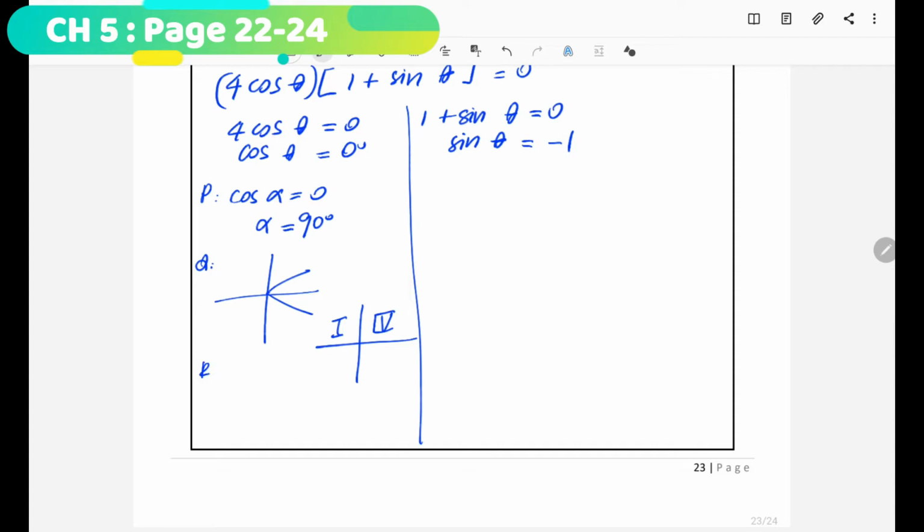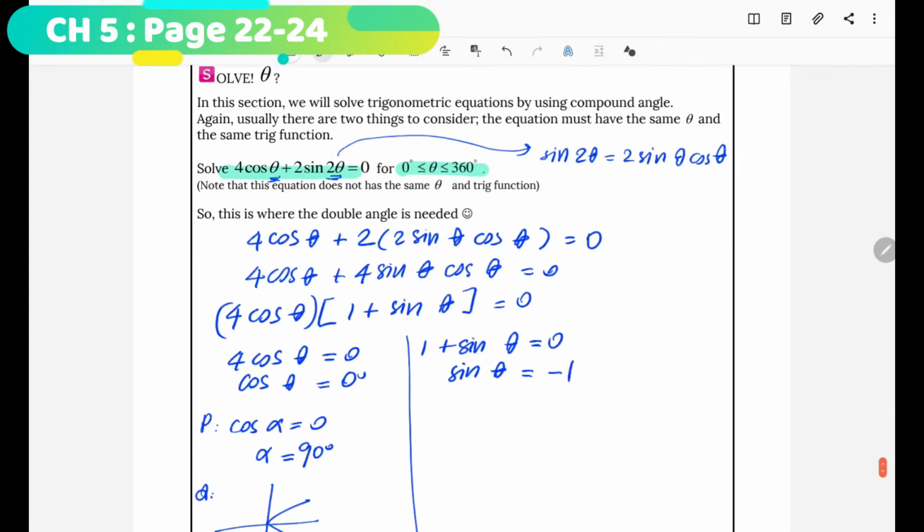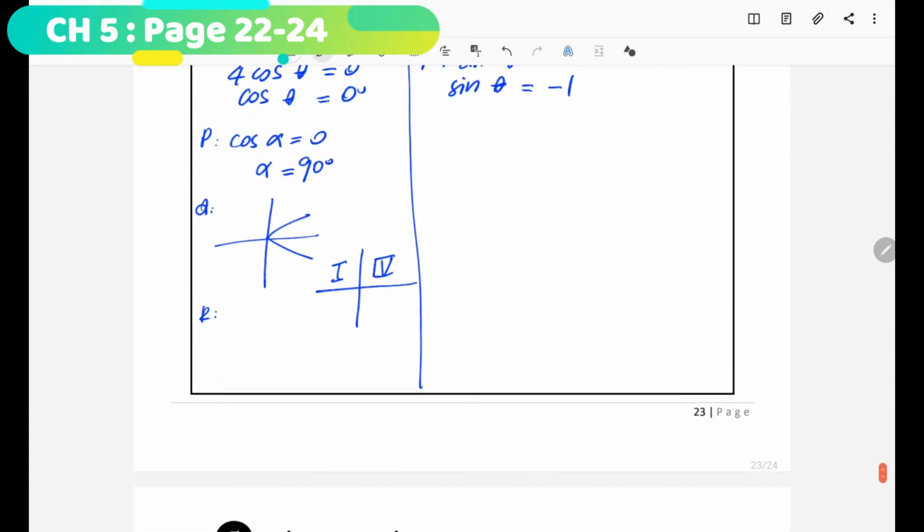Now, check for the range. Okay, so tengok balik soalan ni punya range 0 hingga 360. So, maksudnya hanya satu pusingan penuh bermula daripada 0. So, 0 kepada 90 degrees. So, first quadrant, kita terus ambil 90 degrees. Untuk the fourth quadrant, it's either 360 minus 90.